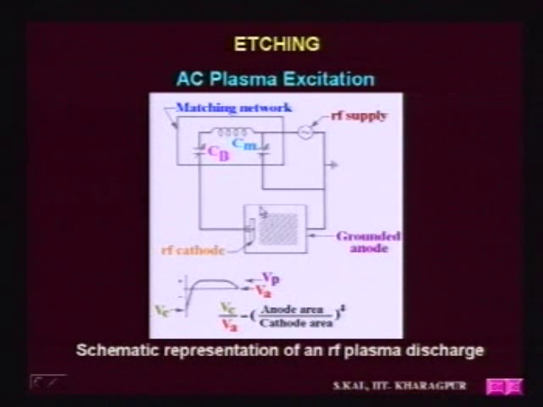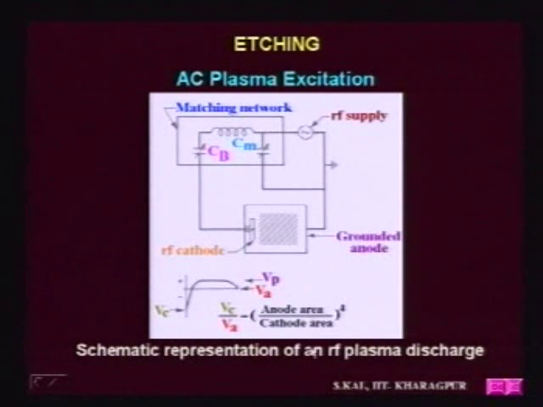So at the cathode the potential is very high, and that will help the reactions with the substrate materials. The efficiency of the reaction also depends on the plasma power and this plasma potential available near the cathode.